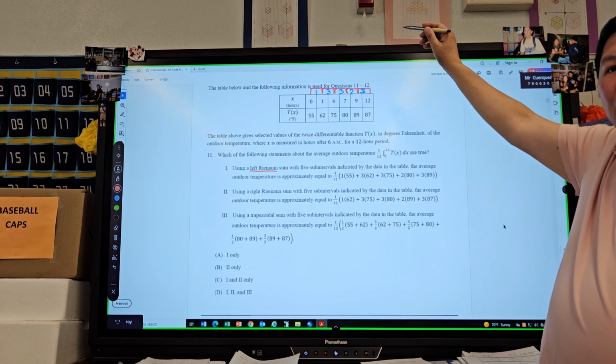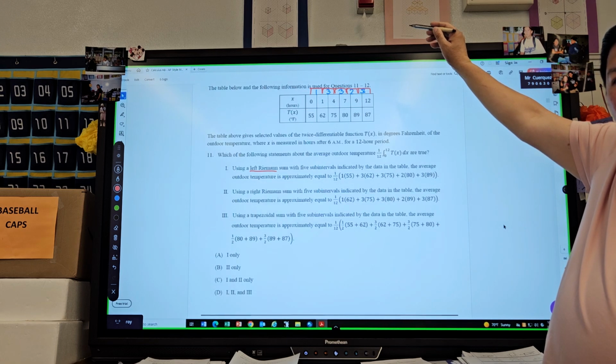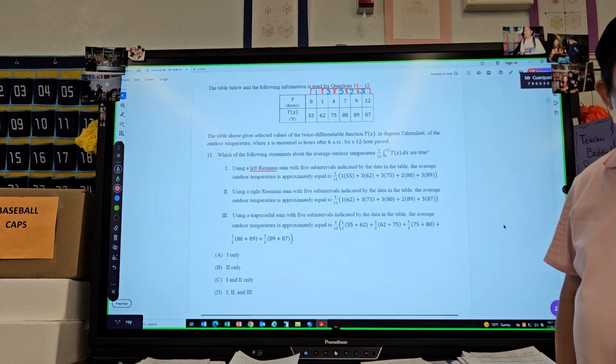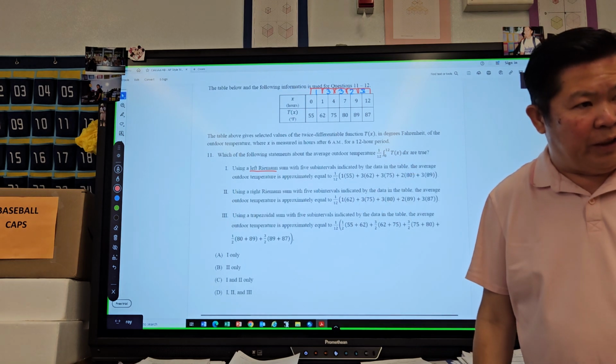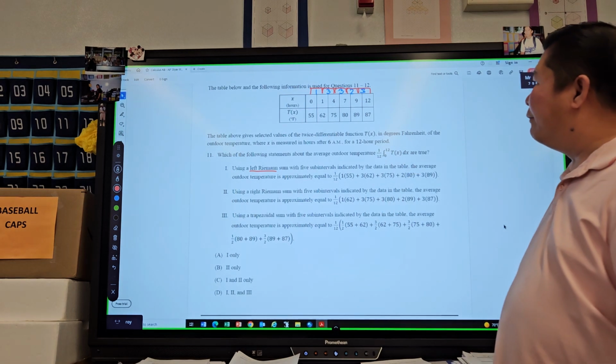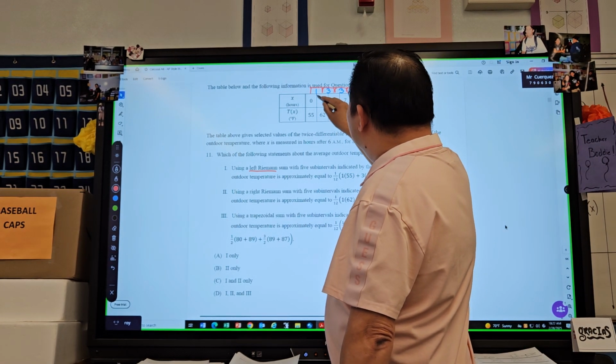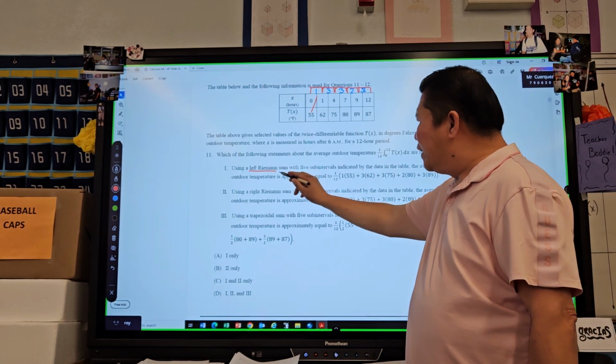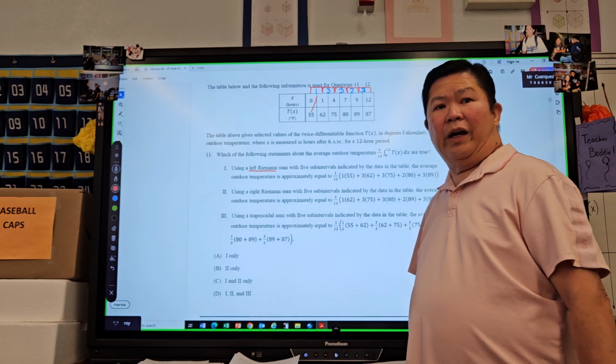Okay. Go to the height and your direction is towards left, if it is tabular. Do you get me? Therefore, you go right here. Boom. That's left Riemann sum. So I'm using red color. Okay?